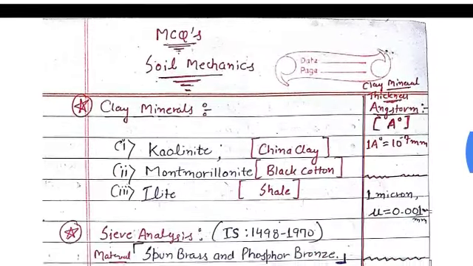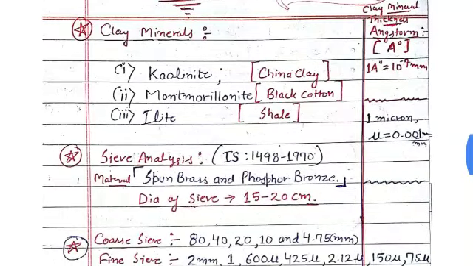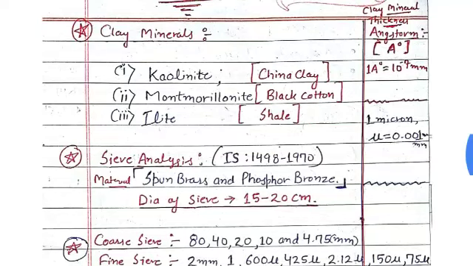Next one, important terms in soil mechanics. First one, clay minerals. There are mainly three types of clay minerals. First one, kaolinite, that is also known as China clay, and montmorillonite, that is in black cotton soil, and third one is illite, that is present in shale.